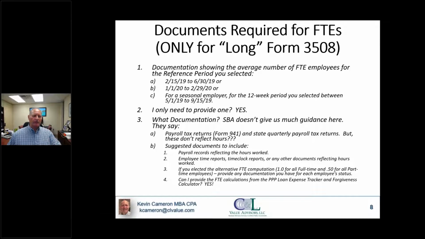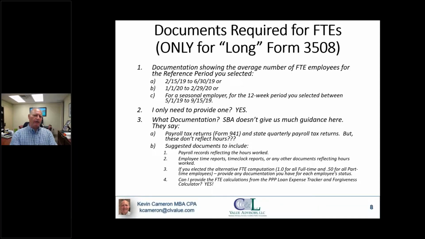So you're going to need to make sure that you have documentation to prove the average FTE for your employees for one of the 3 reference periods that you select. You do not have to provide the documentation for all 3 periods. You don't even have to calculate the FTEs for all 3 periods.